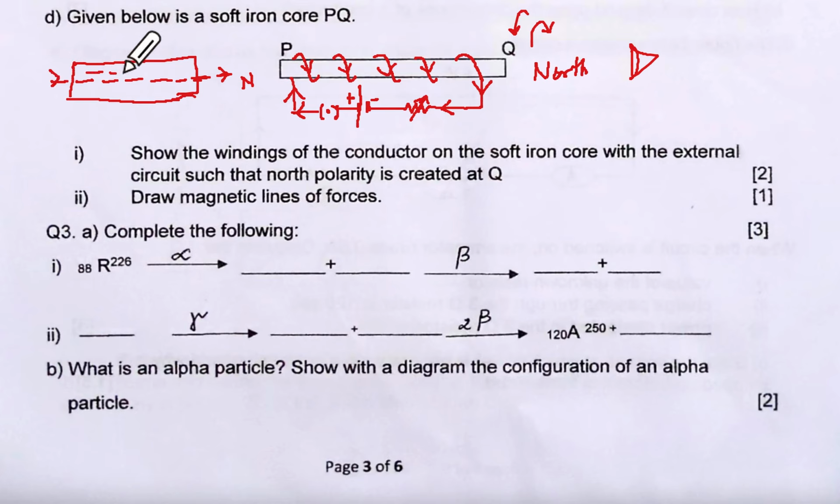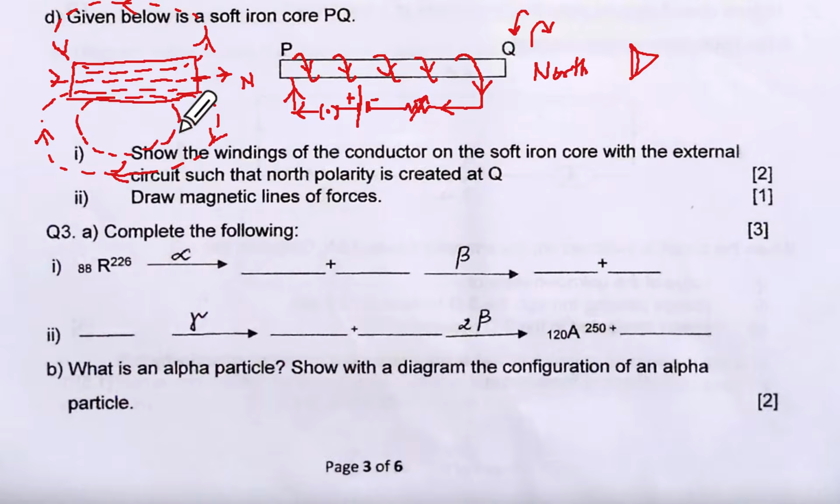Then you will show one like this and show it this way, north to south, and then show this way and show it north to south. Then you can just show one more like this and let it go this way. So the magnetic field lines are seen like this.